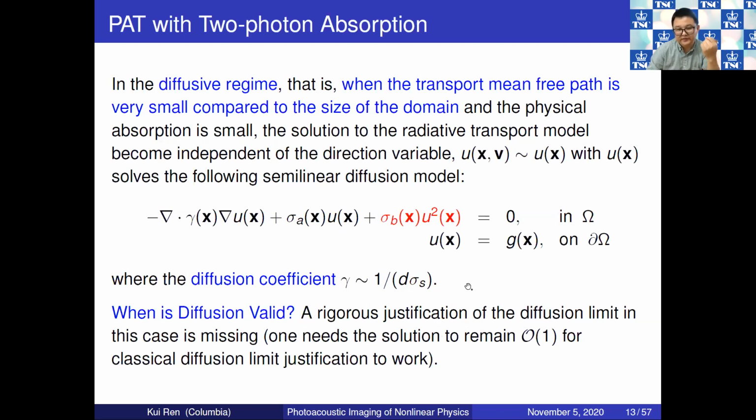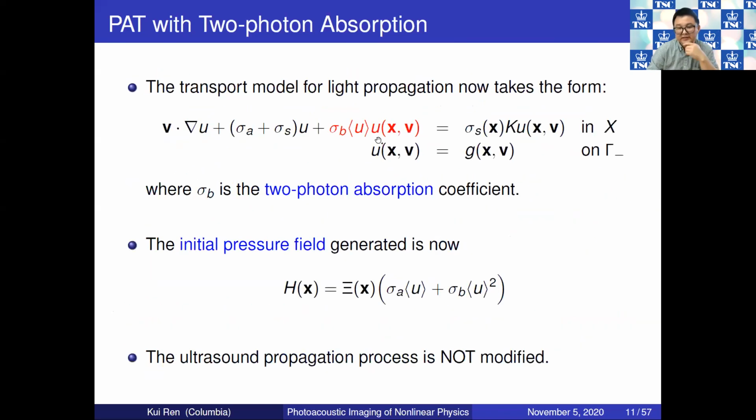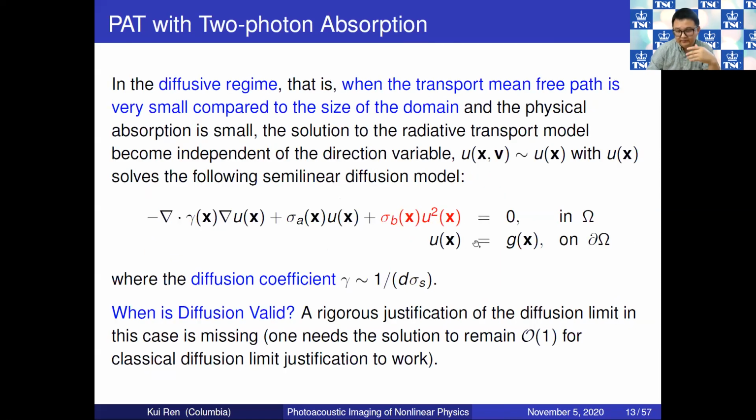Intuitively, if you know that this transport solution is going to be order one, and again, order one really means compared to the boundary condition, then this should be a straightforward calculation, because you can treat it using the same scaling as in the classical diffusion approximation.